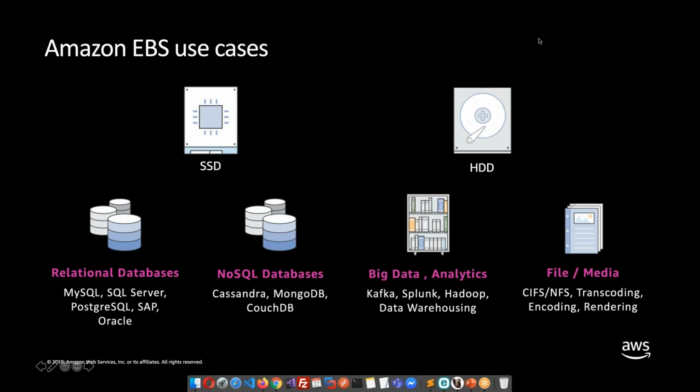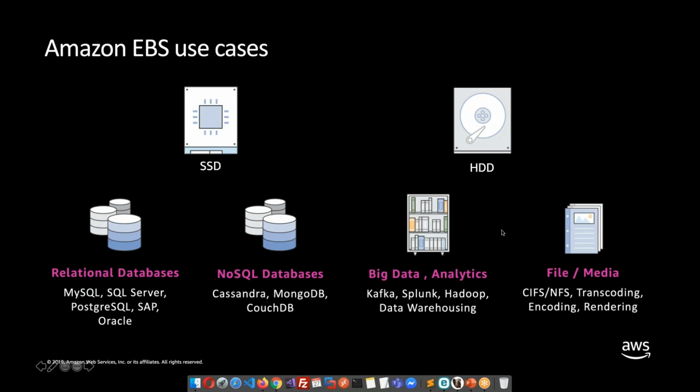For NoSQL, we can use Cassandra, MongoDB, CouchDB, or any NoSQL database. It depends on your actual use case, so we can tweak the performance of the SSD to match your need.